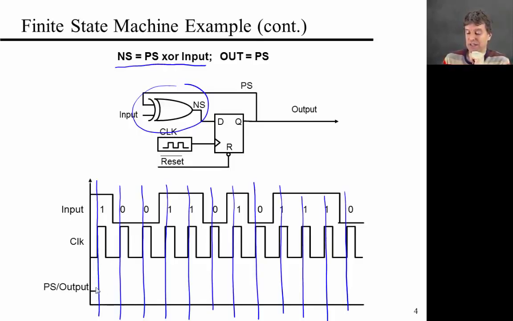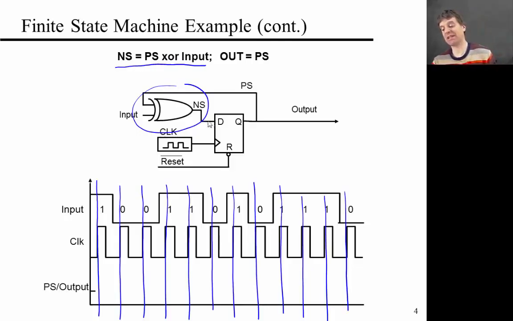what this tells me here is that the input starts at 1, present state output starts at 0. What I can do is calculate during the given clock period what next state is, which is XOR of input and present state, which in this case is 1, right?